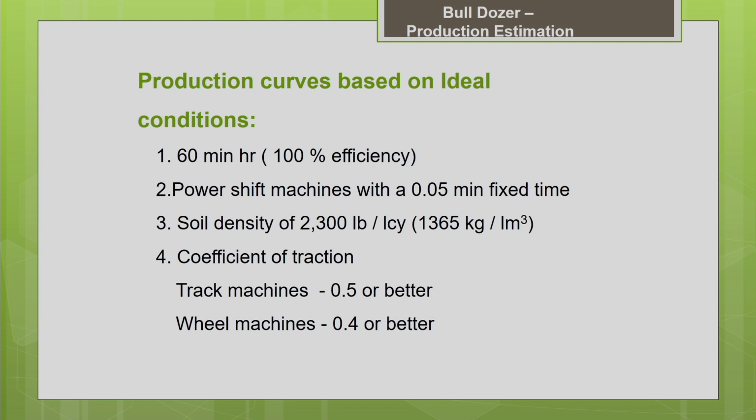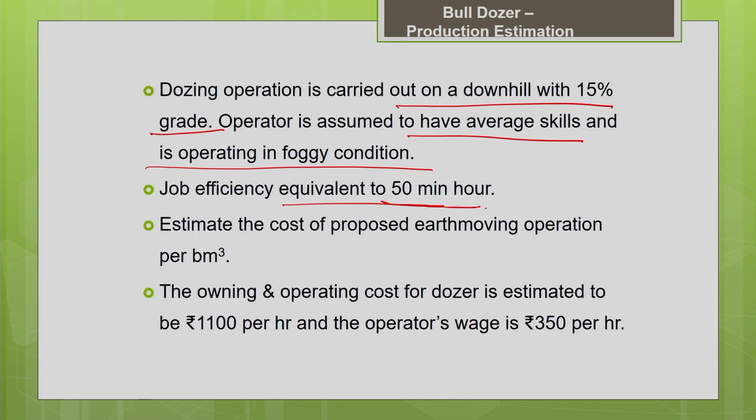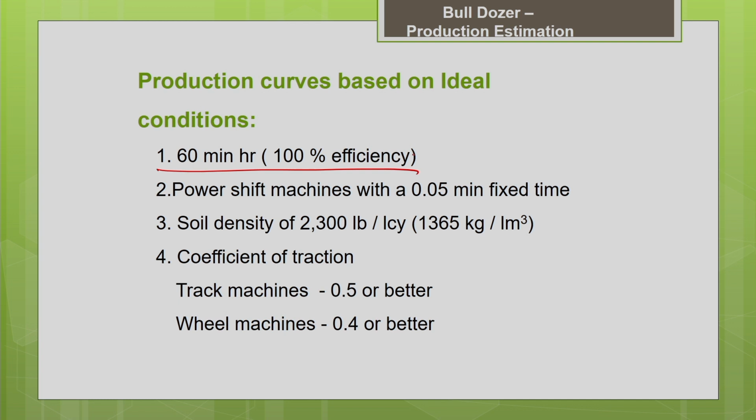I hope you remember, these curves are valid only for ideal conditions, a 60-minute hour. But in this problem, the machine is working for 50 minutes an hour, so you are supposed to apply the job efficiency correction factor accordingly. This curve is applicable for power shift mode, automatic gear change. In this problem also you have the automatic gear change, so no need to apply that correction factor.